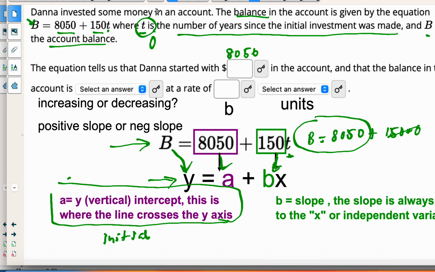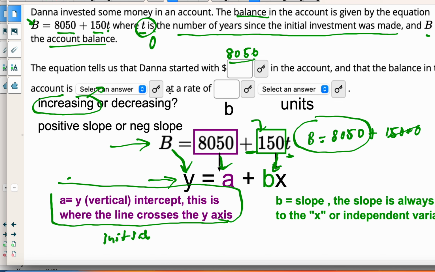All right, so what's happening? This next one says, we started out with 8,050 in the account, and that balance is doing what? This is talking about the sign of the slope. Is it positive or negative? Well, the slope is positive. It's 150, so it's increasing.